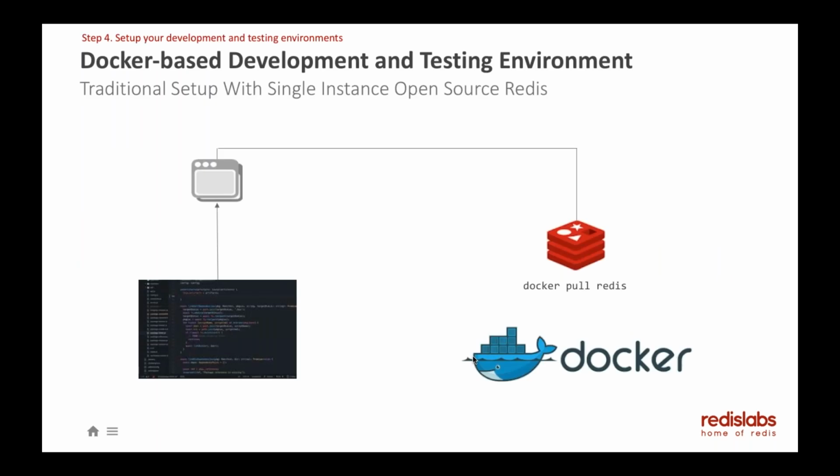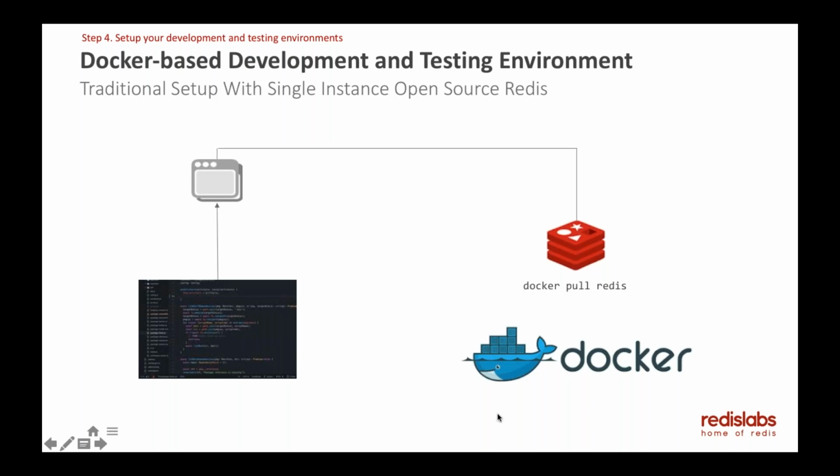Okay, now the most interesting part. How do you set up your development and testing environment? I already ran a script that I showed for a short period of time. But typically, what you do is you develop your app, and then you deploy your app, and your app will talk to, in this case, a local Redis instance.